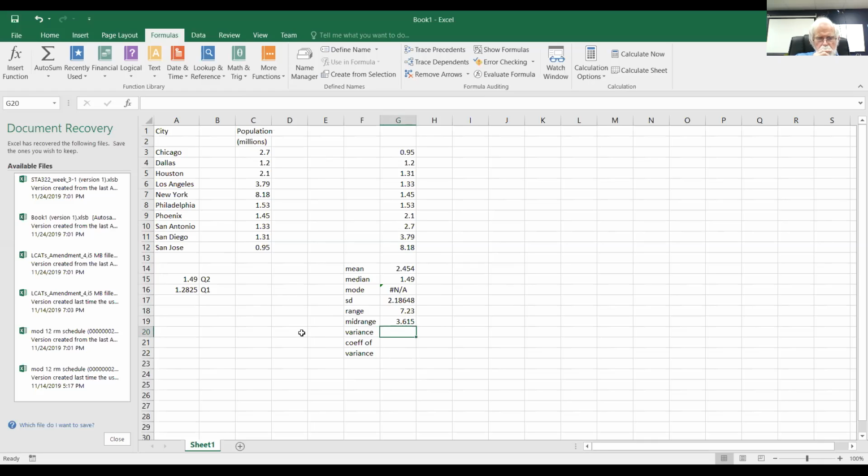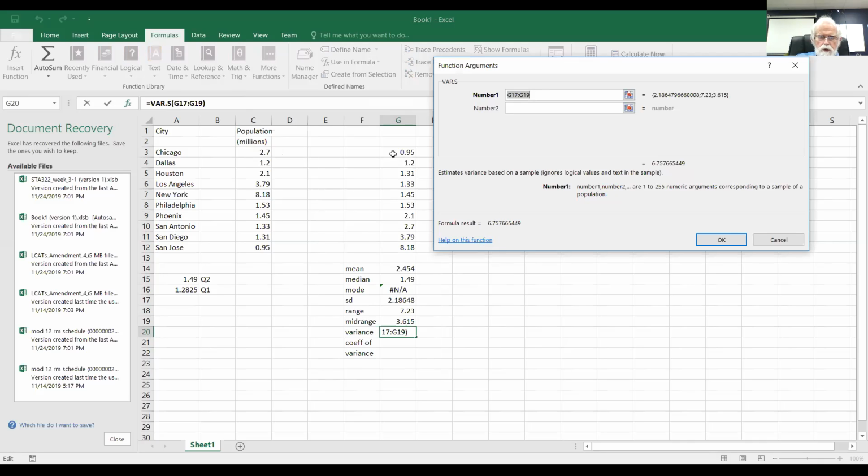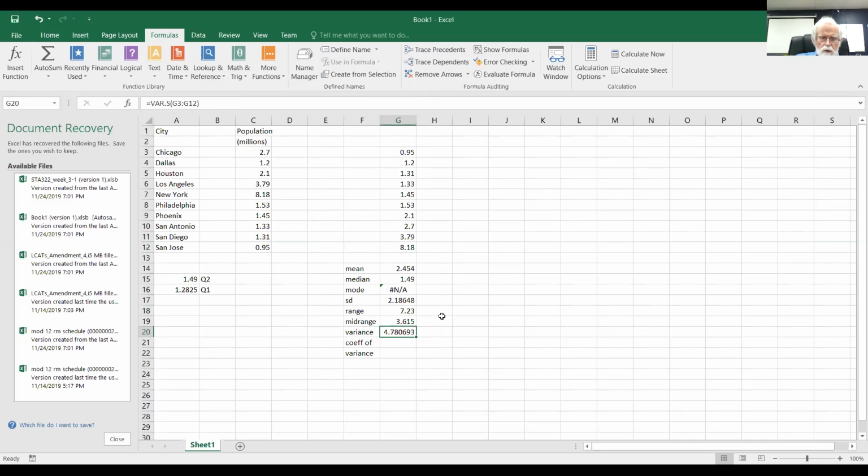Variance, if you remember, is really the square of the standard deviation, but we can calculate the variance by looking at this formula here, and we get the square. If we look at this, this is 2.18 blah, blah squared.